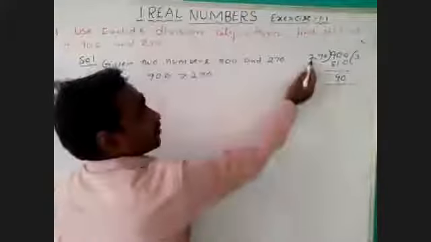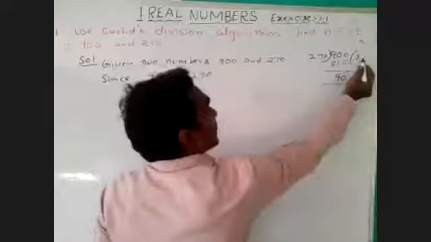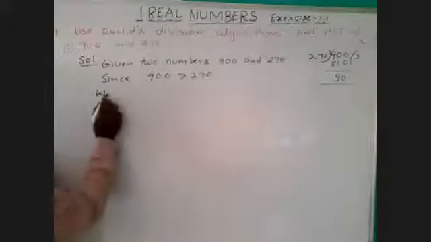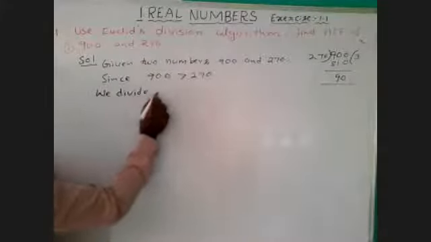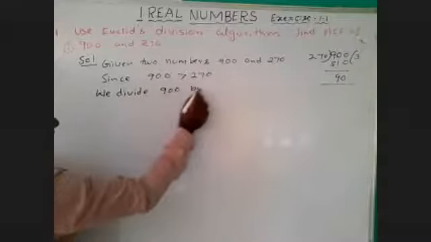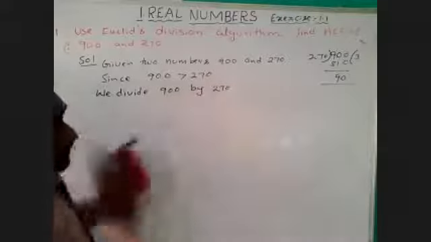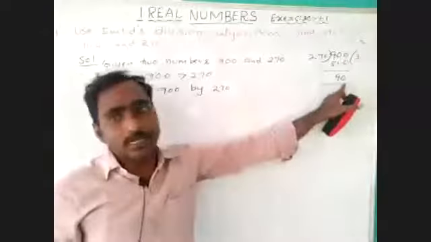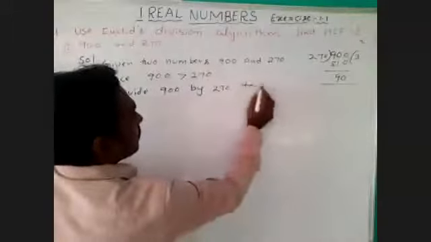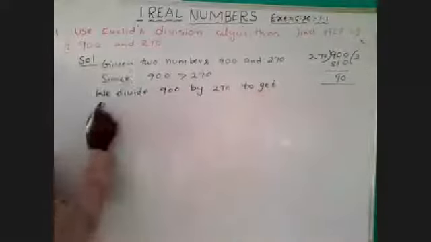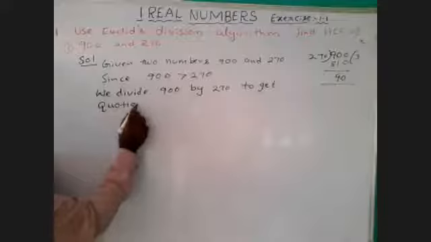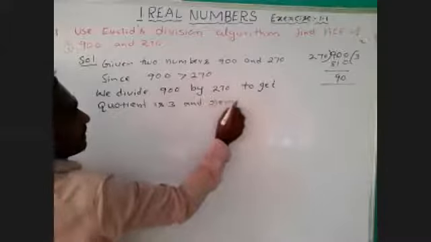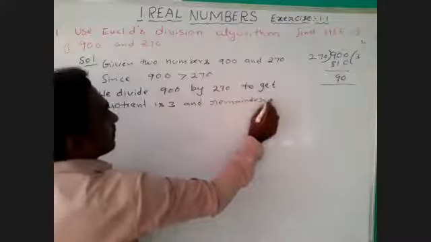So dividing 900 by 270, the quotient is 3 and the remainder is 90.